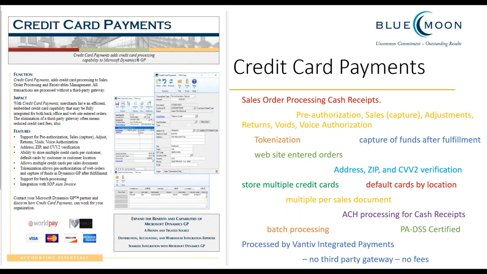So automatically it's charged. You get your money right there and then. And you know that 2 to 5% you get charged for taking in credit card payments? Well, because of this design, it's being processed by Vantiv Integrated Payments, which means there's no third-party gateway, no fees. It's now going to cost you less.